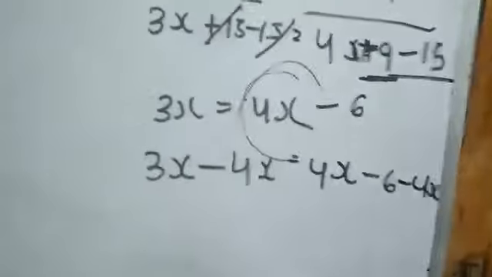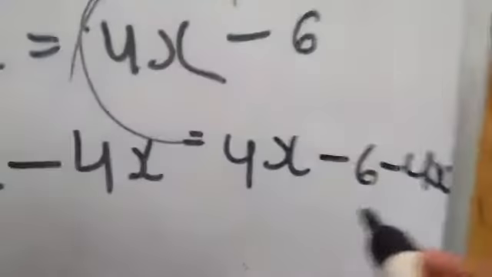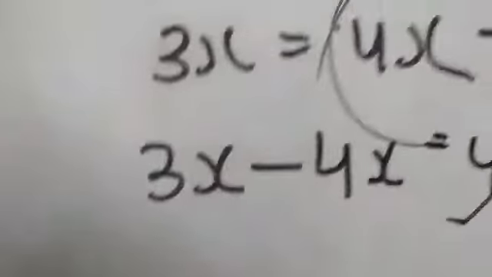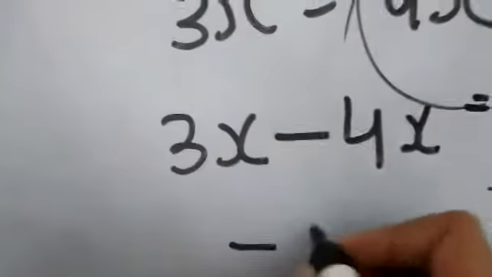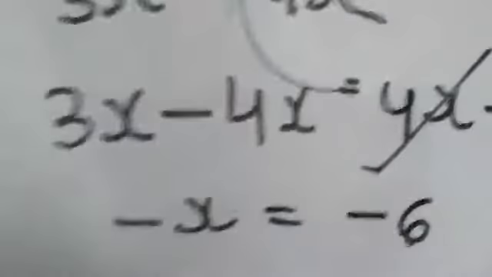Okay, this. So plus 4x minus 4x cross, and here the answer will be minus x, because the minus term is greater, is equal to minus 6.